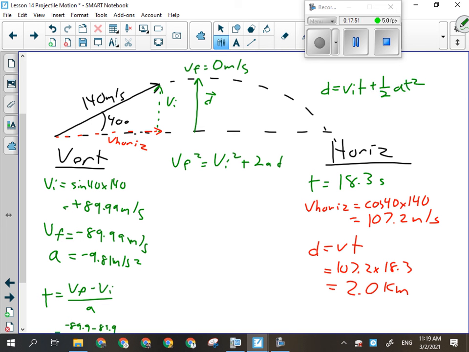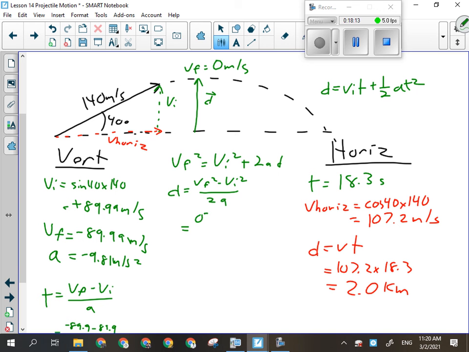It'll give me exactly the same number, provided I cut the time in half. That's the key. I can use that formula, but I gotta cut the time in half. So first we'll use this one. D will equal VF squared minus VI squared over 2A.